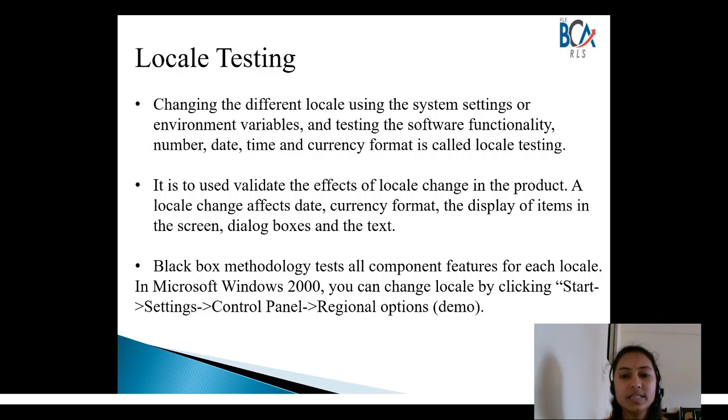The local testing setting in the machine needs to be changed every time for each combination to test the functionality and also the display. Whenever a local is changed, the tester needs to understand the changes to the software functionality and all the changes he has made to the application.